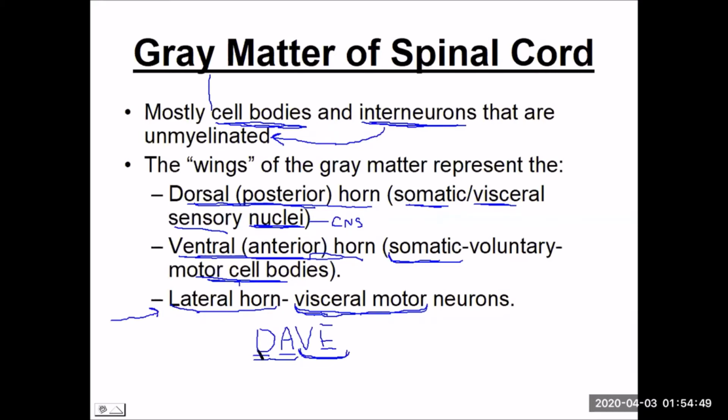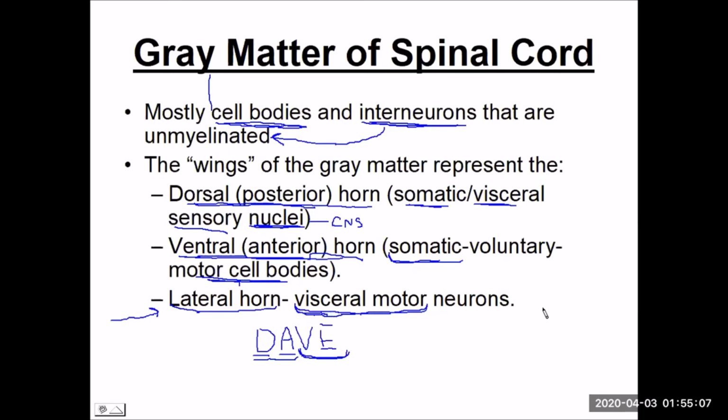And unfortunately, there's not a nice little mnemonic to wrap up all three sections. But definitely the dorsal with the sensory function, the ventral with the motor function, and we just want to be specific about somatic motor versus visceral motor.